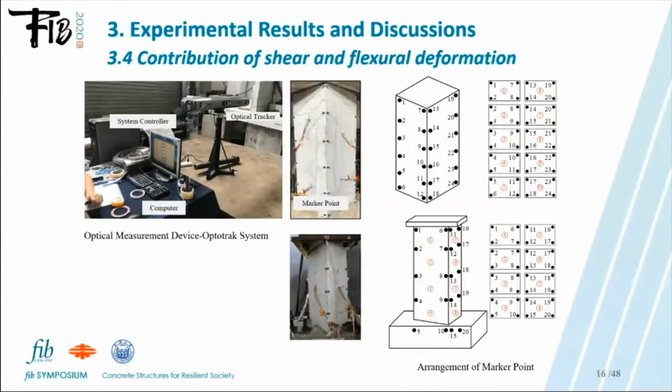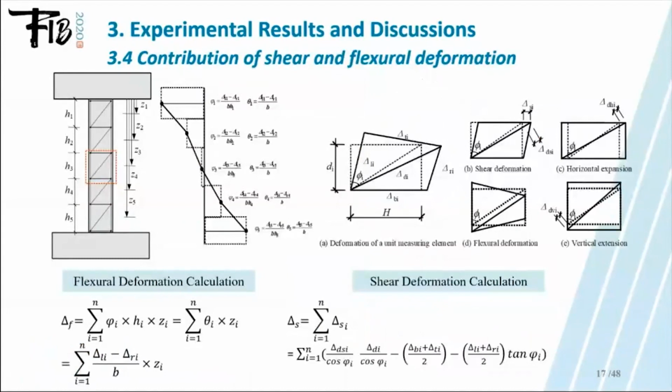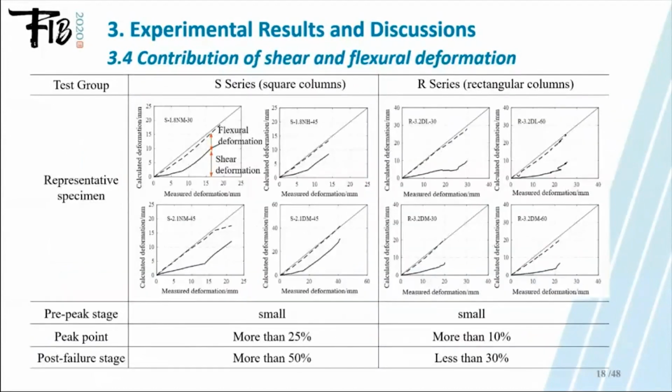An optical measurement device was used to track the spatial position of optical markers installed on the test column during the test. On the basis of the deformation measuring method, flexure and shear deformations of test specimens were calculated approximately.